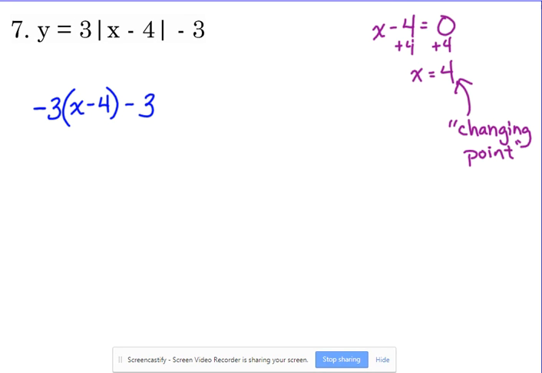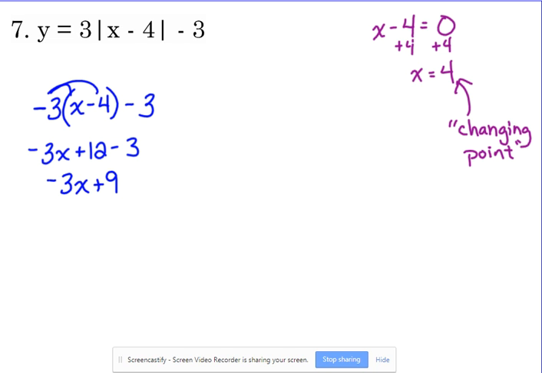So you have to be careful with this, because you're going to have to distribute a negative at some point. You get negative 3x plus 12 minus 3, so that simplifies to negative 3x plus 9.